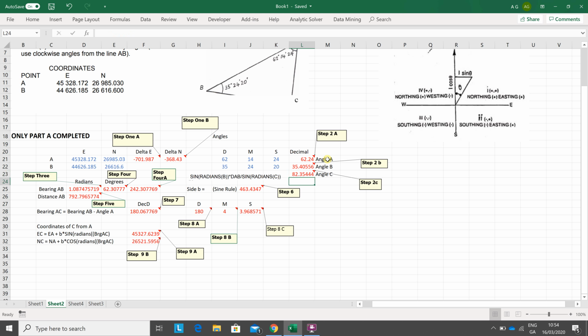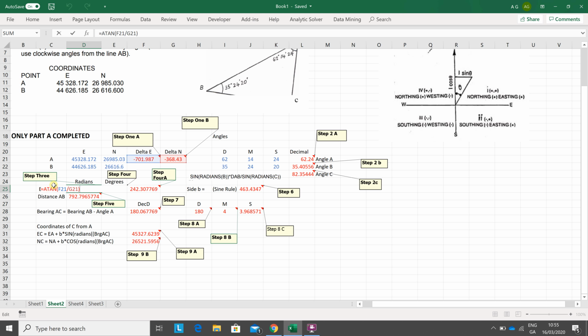On to step 3. Things beginning to heat up a little bit here now. So we want to get the bearing AB. I have to be careful here because it's delta N over delta E. We use A tan, so arctan or tan inverse.